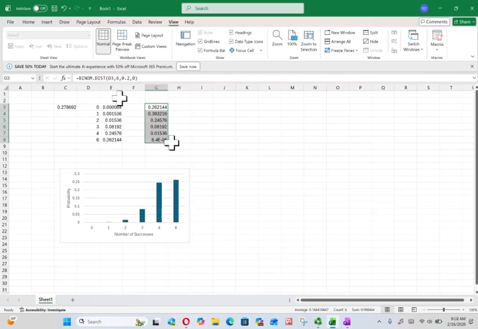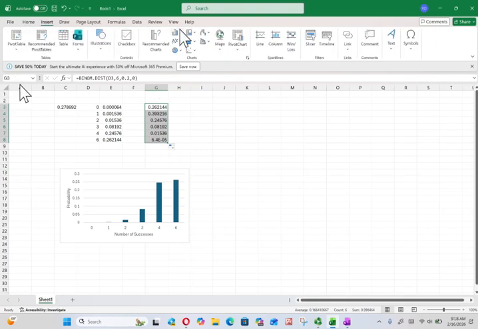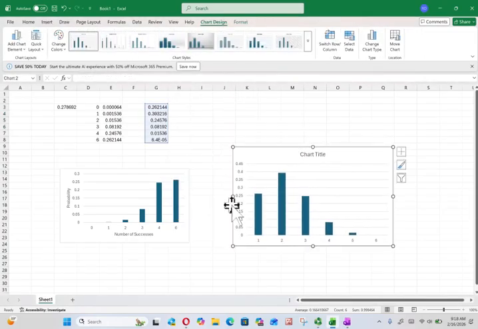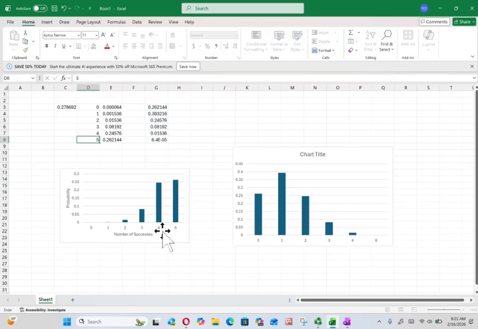And if I make a histogram with this one, insert bar chart, it is this one turned the other way. That's not the same, is it? What am I missing? I did something wrong. Which one's wrong? 5. 6.